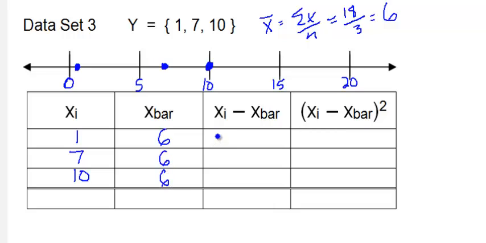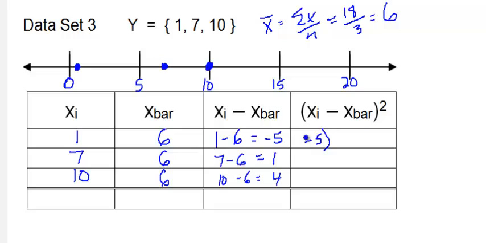Now the next step is to compute the deviations. So we take 1 minus 6 and we get negative 5. We take 7 minus 6 and we get a positive 1, and if we take 10 minus 6 we get a positive 4. Again, these add up to 0, so we have to square each deviation.